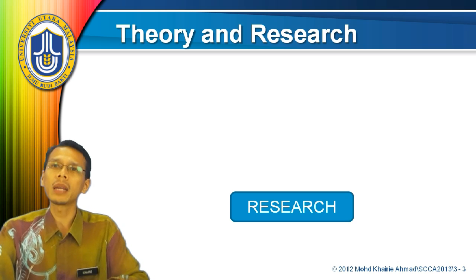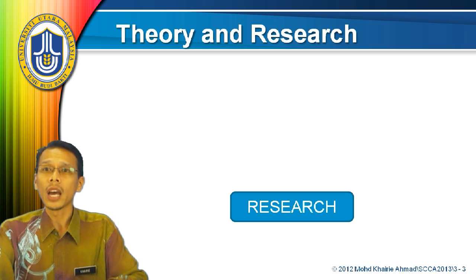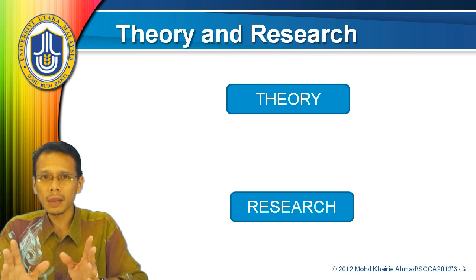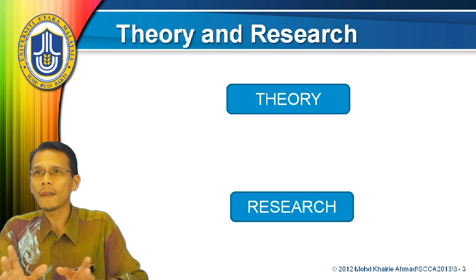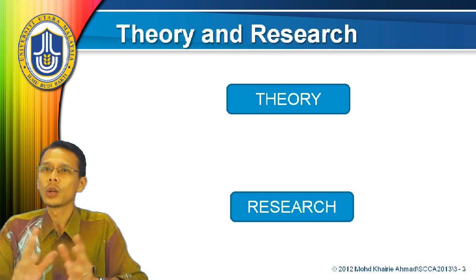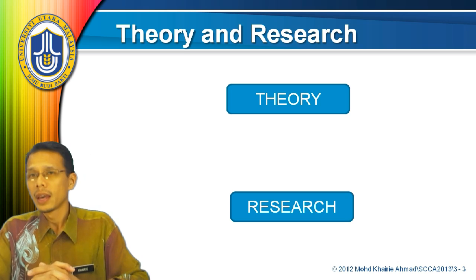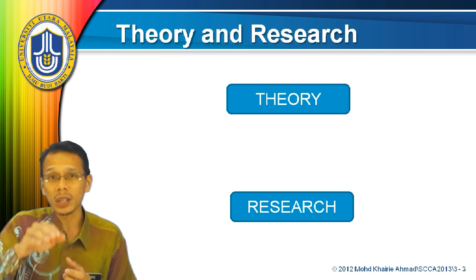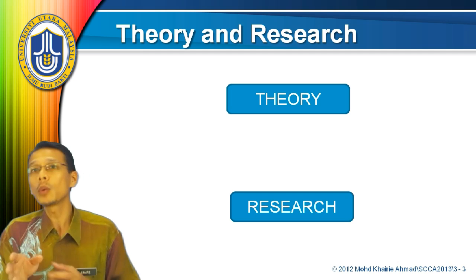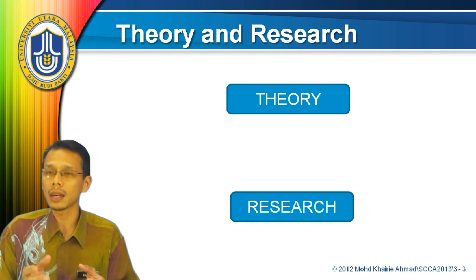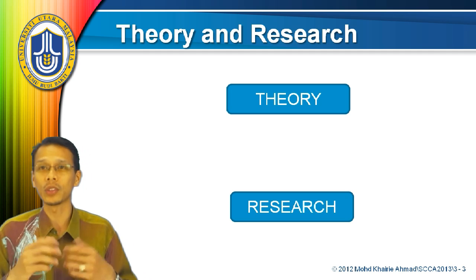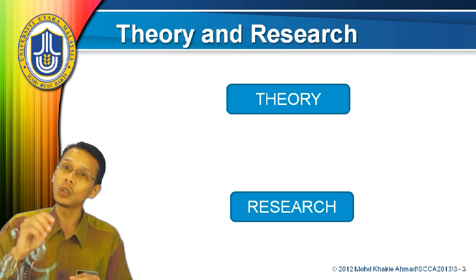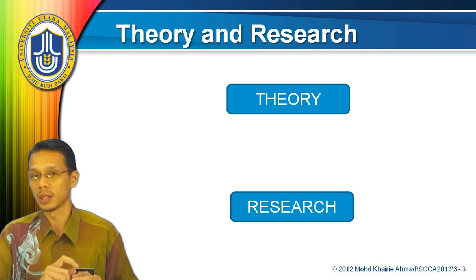And when we talk about academic, we are talking as well about theory. Theory and research are very much related to each other. We might use theory before we conduct a research, and we also might conduct a research and later on come up with a theory. These are the two processes that I believe you need to understand, all my dear students.